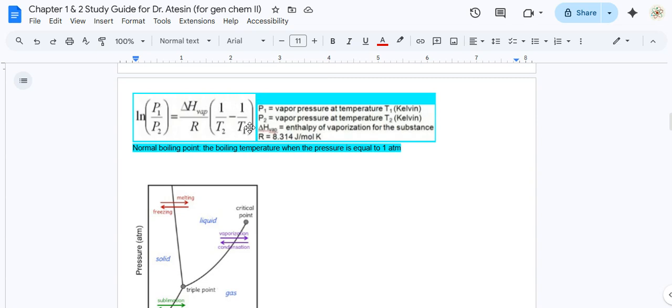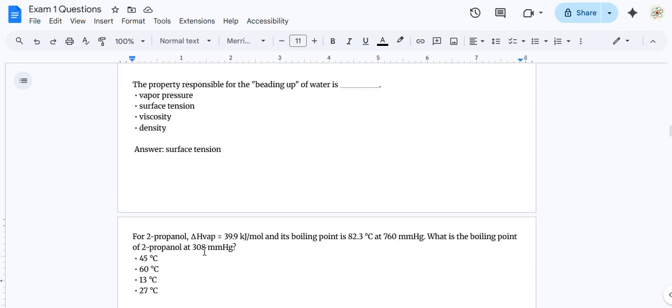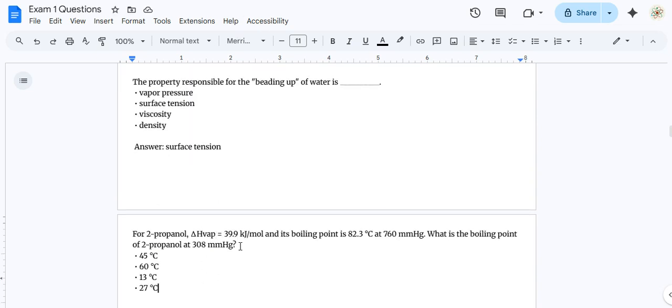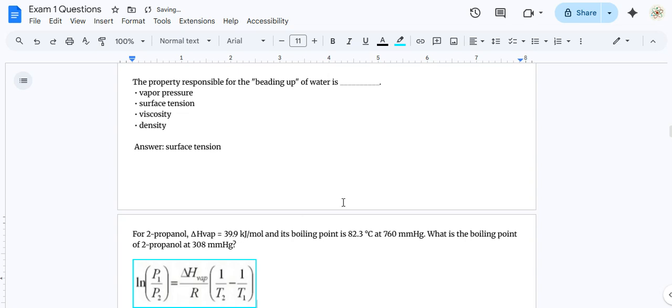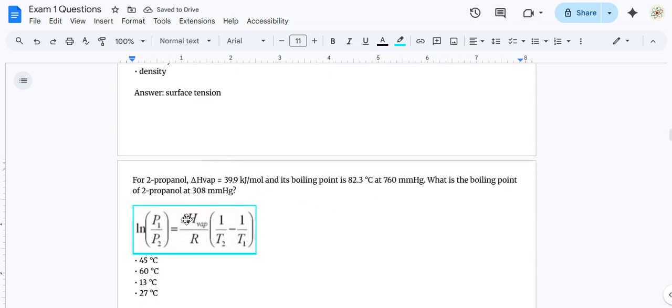So you just need to know how to plug stuff in. Something to be careful of is the units, and make sure temperature is in Kelvin.